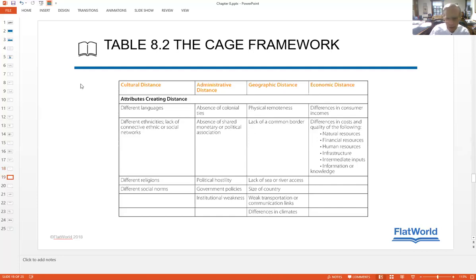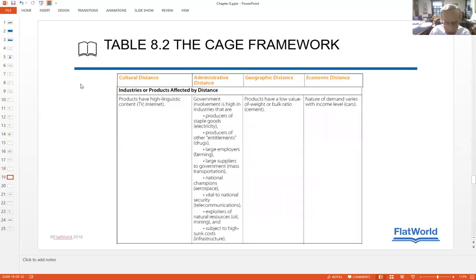And whether it's taxation, GDP per capita, the rate of inflation, and so forth, all of these are contributors to economic distance. And so we can take those distances and apply them to product categories, to appreciate product categories where such distances can make a big difference.